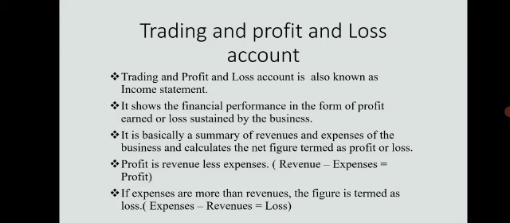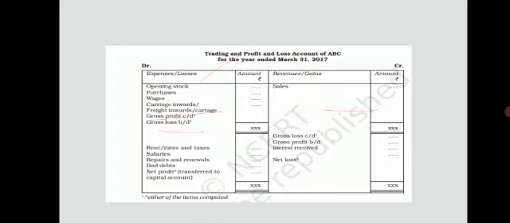The next point is, as I have already told, the outcome of the trading account is either gross profit or gross loss. If it is profit, we enter it on the debit side as gross profit carried down.